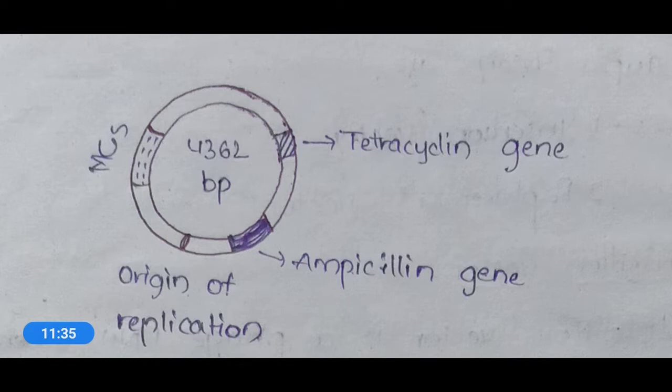This particular pBR322 consists of an origin of replication, and it has gene markers for ampicillin and tetracycline. So this is the structure of a plasmid.